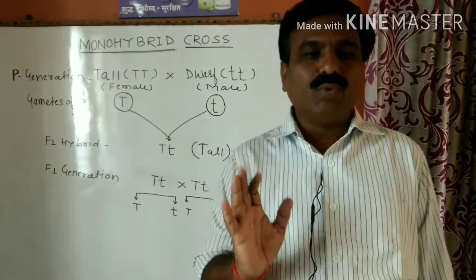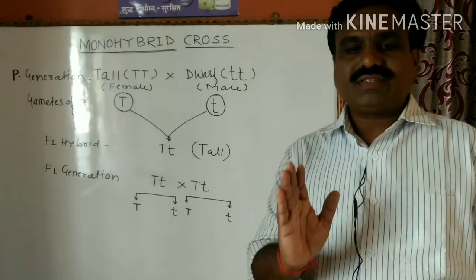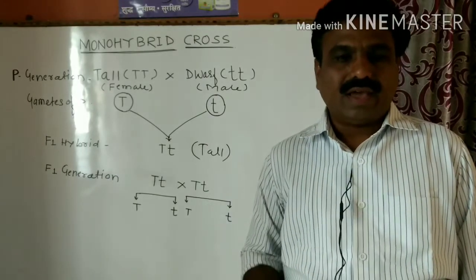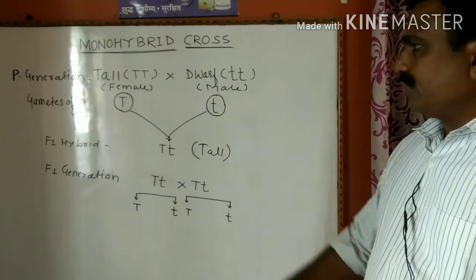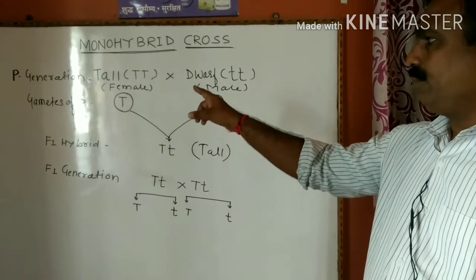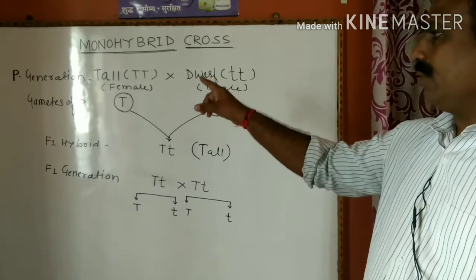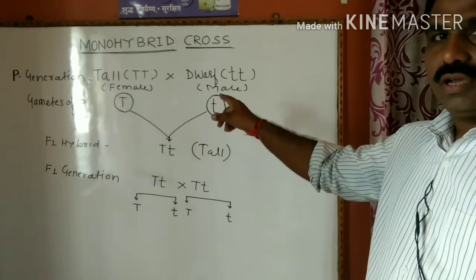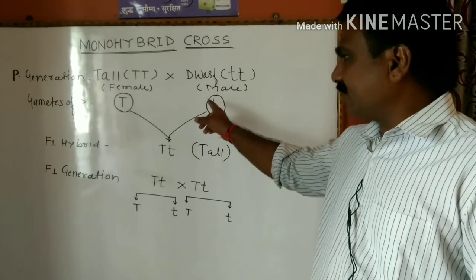In the first step, Mendel selected pure tall pea plants as the female parent. The tall pure plants are homozygous, pure breeding, true breeding, and dwarf is the other parent, which is also true breeding.